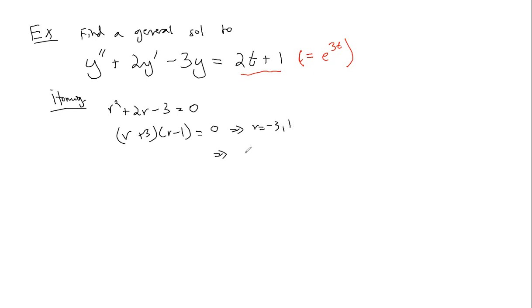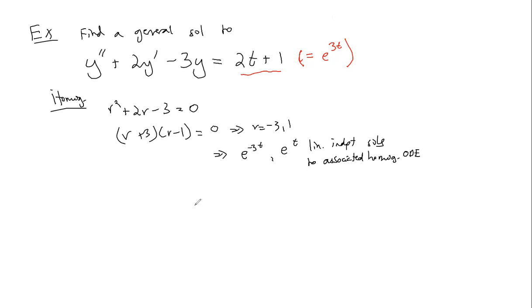So this implies that we have two linearly independent solutions. You find e to the negative 3t and e to the t are linearly independent solutions to the associated homogeneous differential equation.